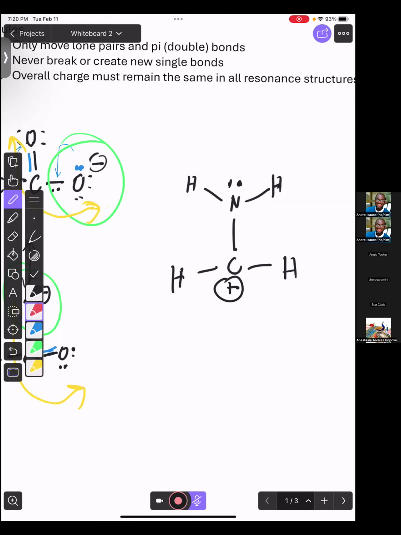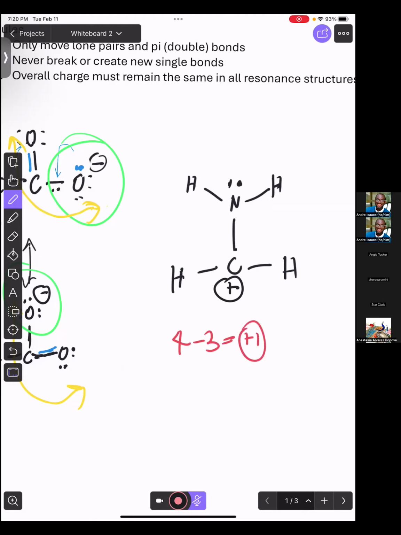And that's because if we calculate the formal charge, we have 4 minus 3 bonds, which is plus 1. The carbon only has 3 bonds, 3 sticks, and its valence is 4. Remember, if you don't know the valence, you can look at the periodic table and count from left to right until you get that atom, and that will tell you the valence.